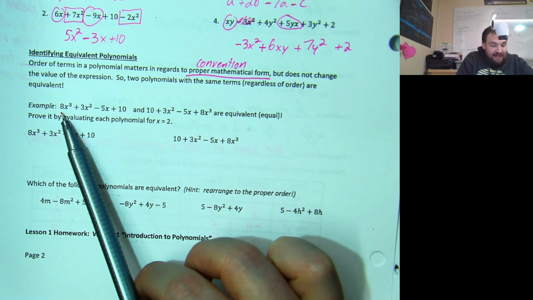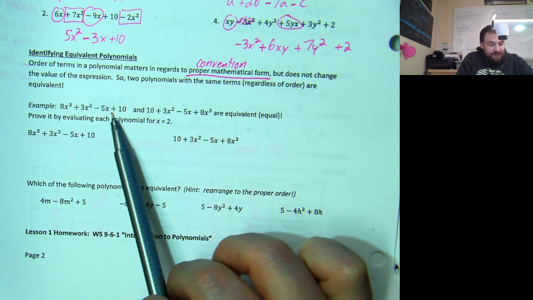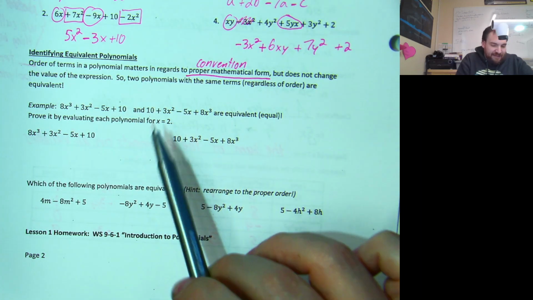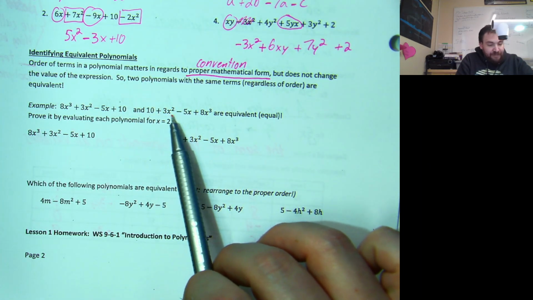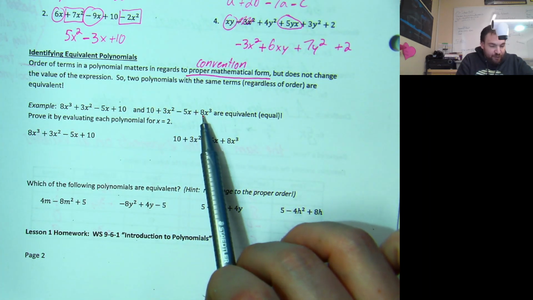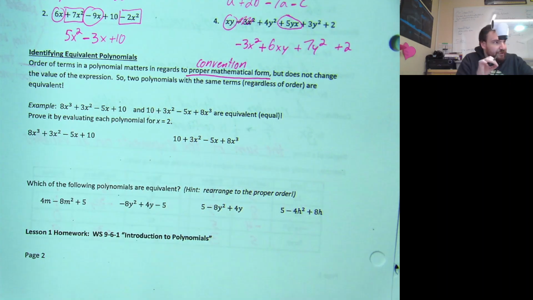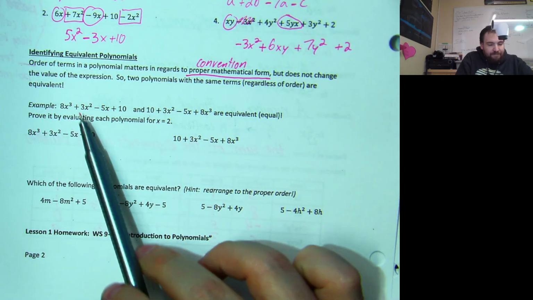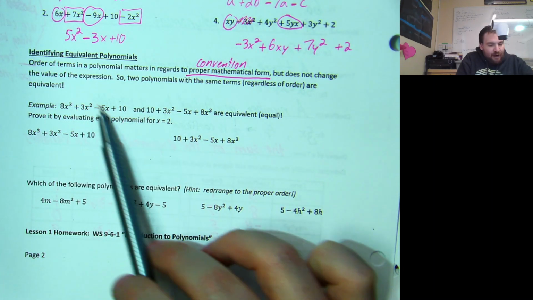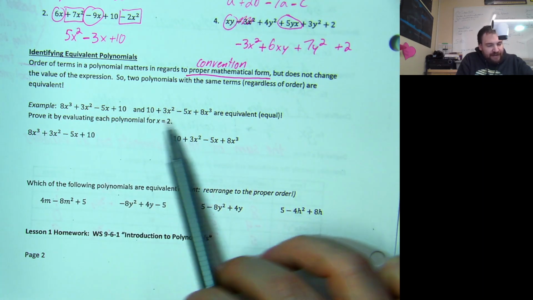So something like 8x cubed plus 3x squared minus 5x plus 10 is going to be the same as 10 plus 3x squared minus 5x plus 8x cubed. Even though the terms are in a different order, we're allowed to add or subtract in whatever order we want, right? Like 2 plus 3 plus 4 is the same as 3 plus 2 plus 4. Both of them are 9. Even though this is how we would write it, we wouldn't typically write it like this.